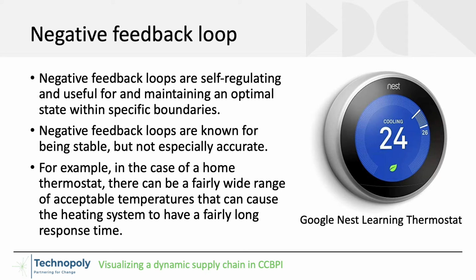A negative feedback loop, on the other hand, is often referred to as a self-regulating feedback loop. It tries to maintain an optimal state within a specific boundary. A good example would be the thermostat in our air conditioning systems, where the thermostat controls the level of temperature that the air conditioning system should achieve.